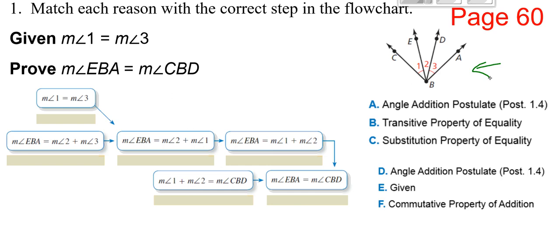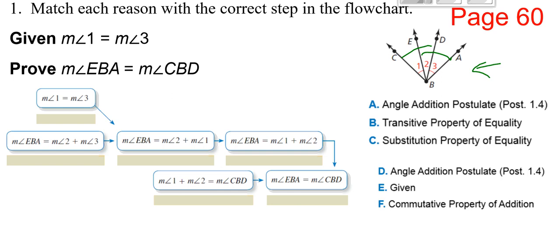Given that 1 and 3 are congruent, we want to prove that angle EBA is congruent to CBD. That makes logical sense, but we want to be thorough with it. It makes sense because if 1 and 3 are equal and we're adding 2 to both angles, then the sums of those angles are still going to be equal as well.